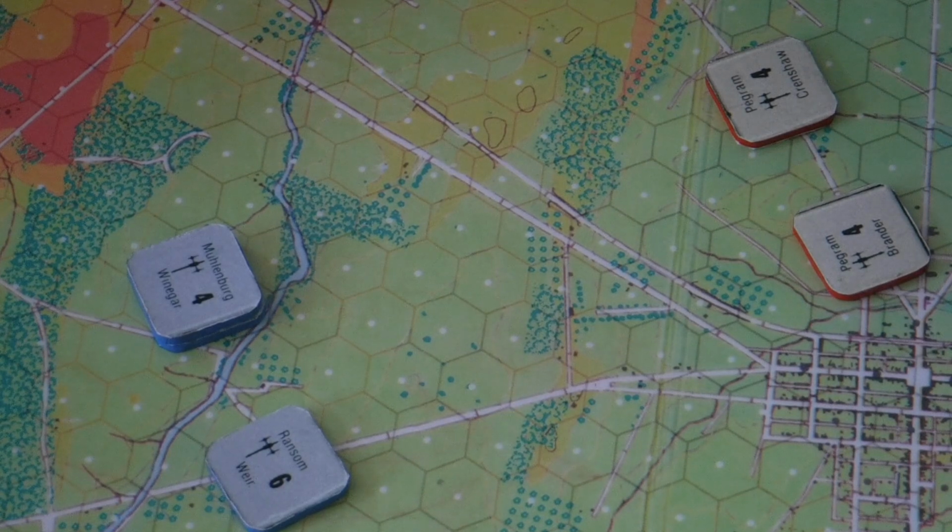2. Batteries which fired cannot move during the movement phase. 3. Not all cannon in a battery have to fire. 4. If the firing cannon occupy a hex at least 2 levels higher than the target, the range is reduced by 1 hex. If 2 levels lower than the target hex, the range is increased by 1 hex. 5.